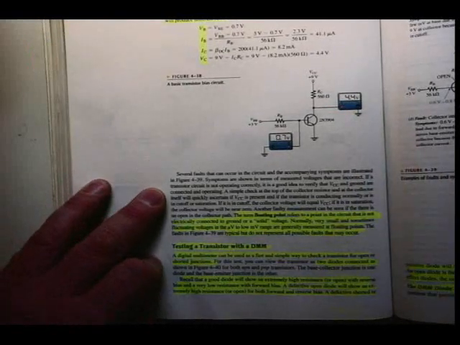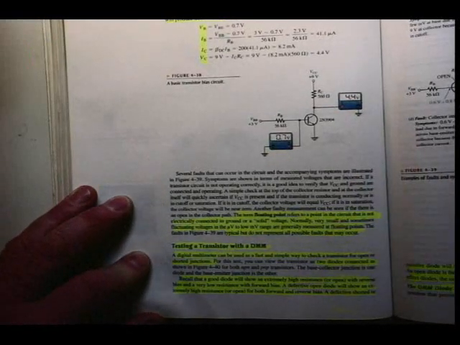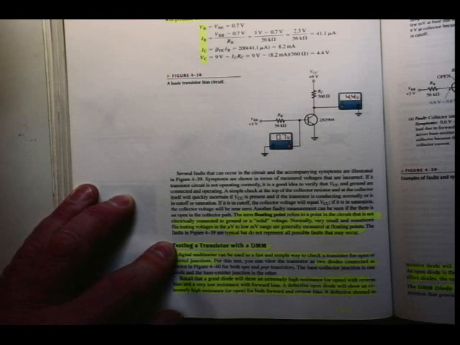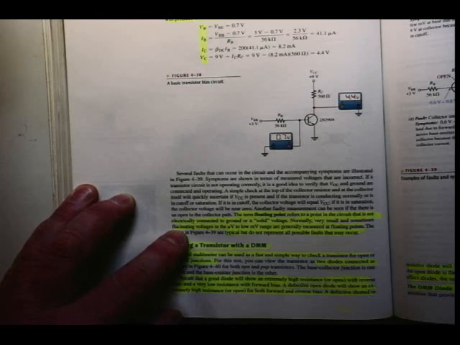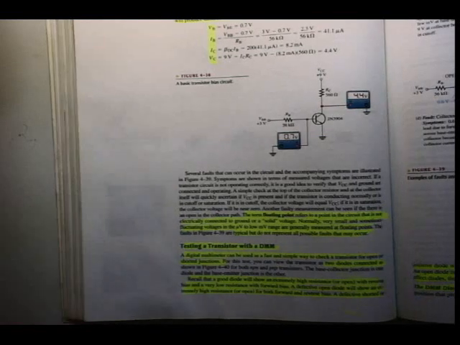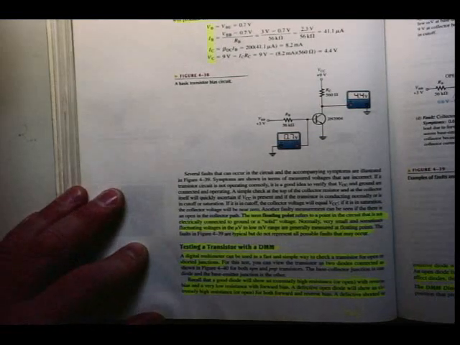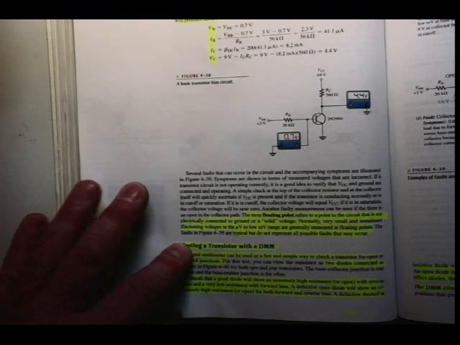just below Figure 4-38, there is a term mentioned: floating point. A floating point refers to a point in a circuit that is not electrically connected to ground or a solid voltage. Normally a very small and sometimes fluctuating voltage, in the microvolt to low millivolt range, is generally measured at floating points.